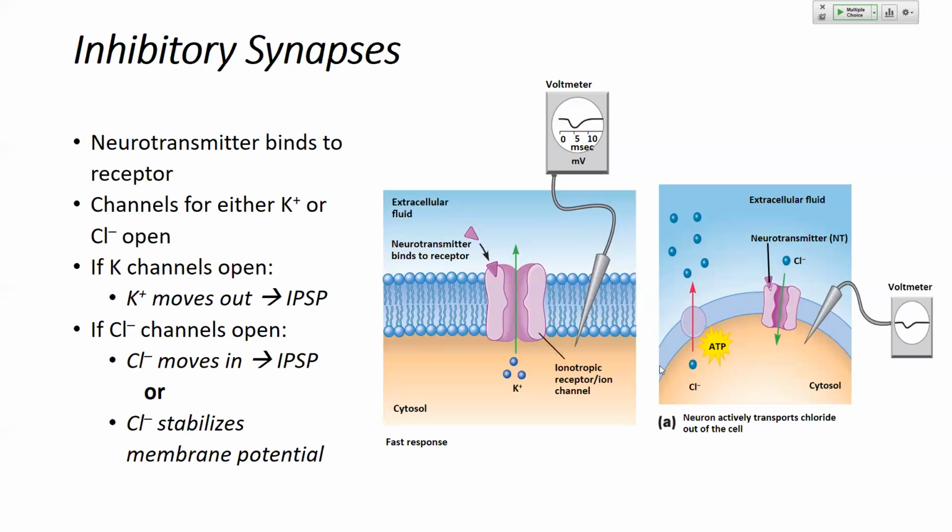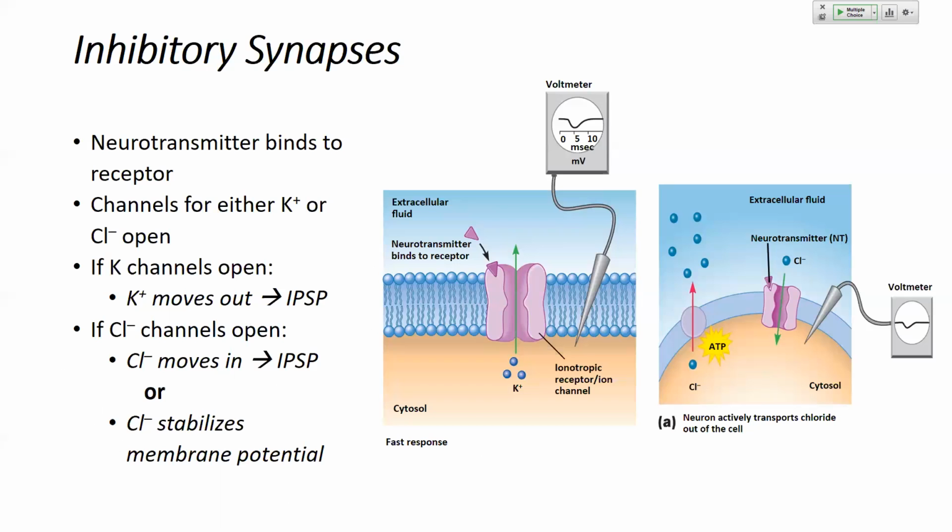If we have active transport of chloride, we create a gradient where chloride will then move back into the cell. That will be an inhibitory postsynaptic potential. The second way that chloride can influence the membrane potential is to stabilize it. If we have more than one type of signal, opening up a chloride channel will stabilize the membrane potential.